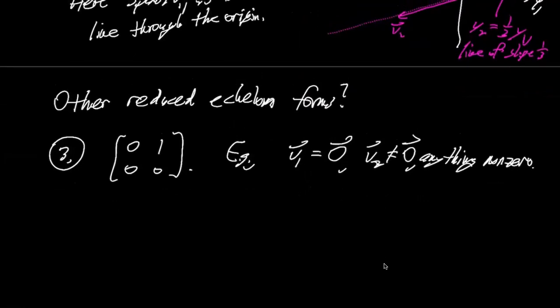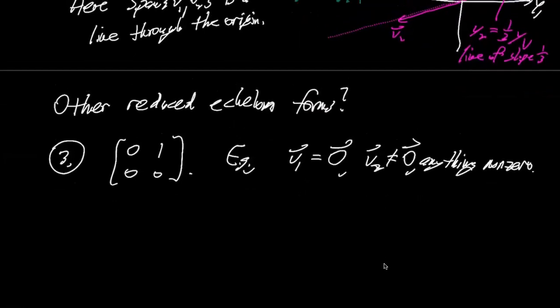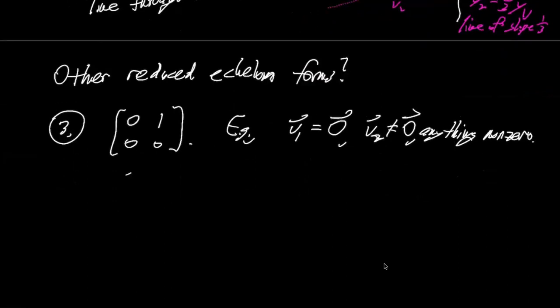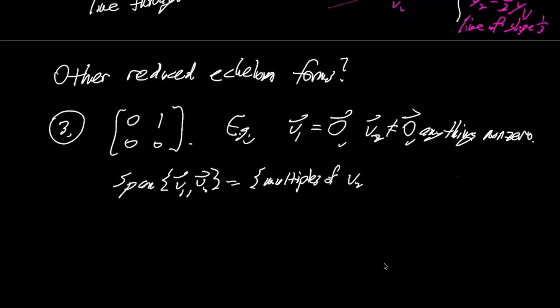That tells you that now the span, well, what is the span? It's still just the line. It's basically multiples of v2. So the span of v1 and v2 here is the set of multiples of v2, because the 0 vector doesn't contribute anything. And this is, again, a line through the origin. So that actually isn't different from the previous case, which makes sense.